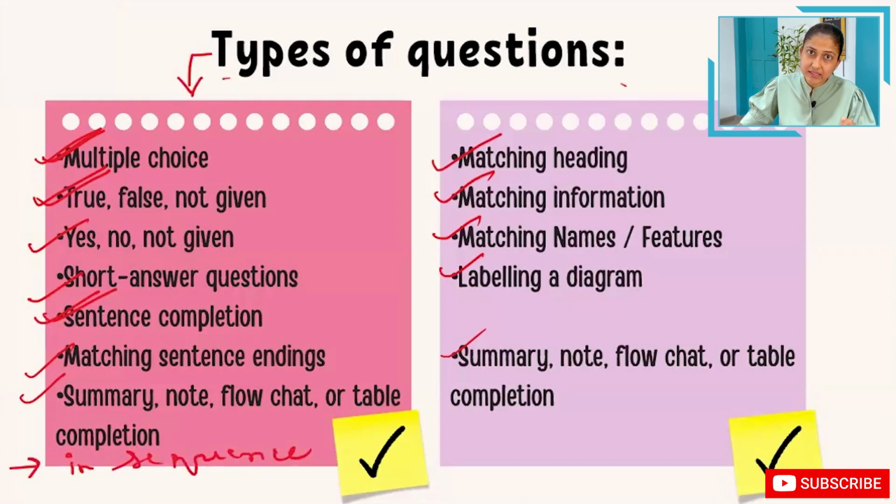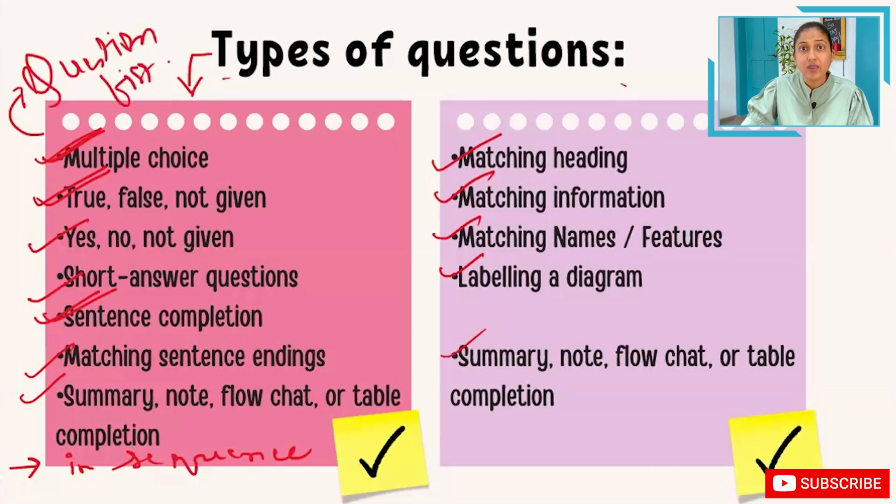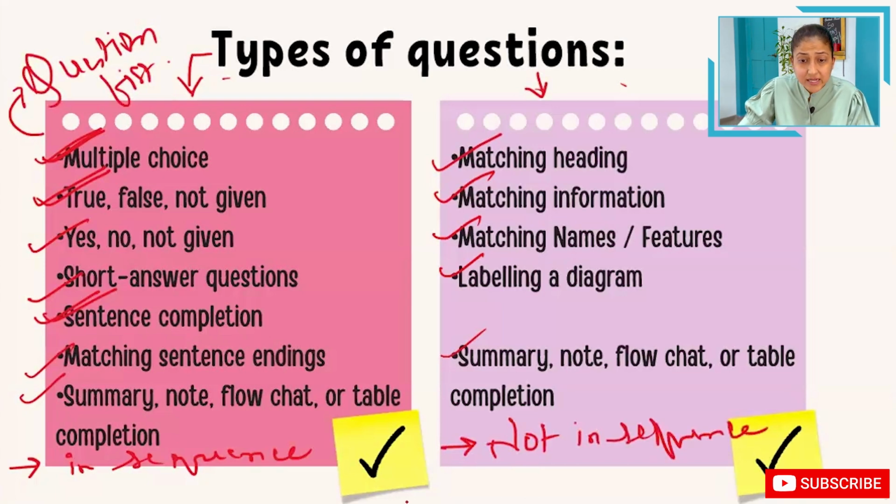And the method that I have to use for them is to read the question first. Question first. For other types of questions, we have seen that these are not in sequence. Correct? So here the method that I should use is to read the paragraph first. Correct? I hope this much is clear.